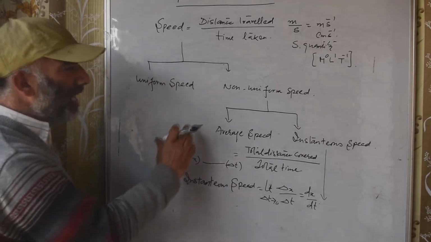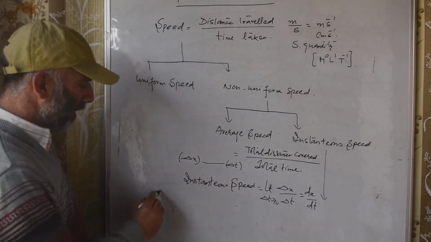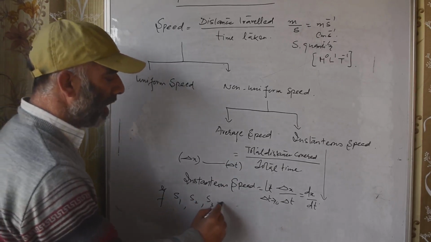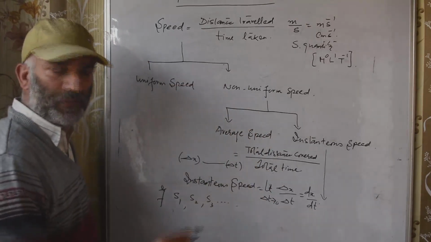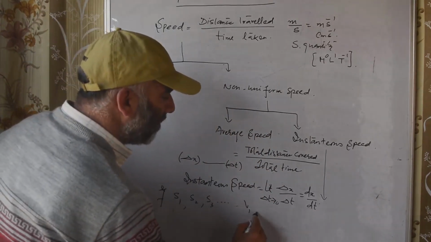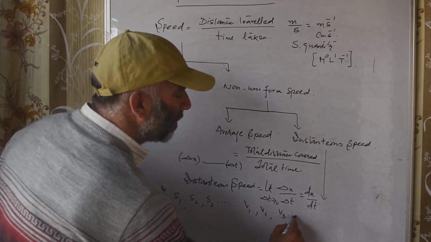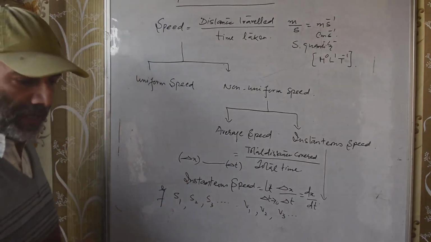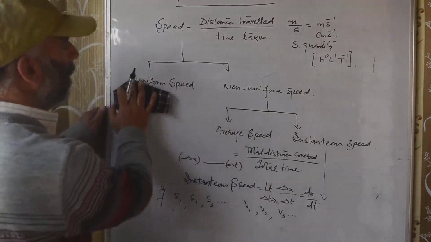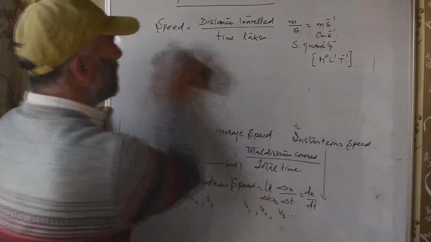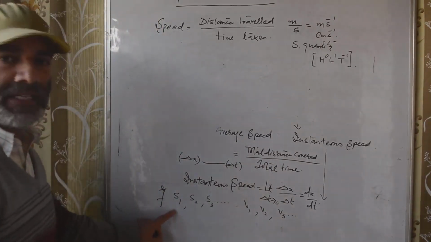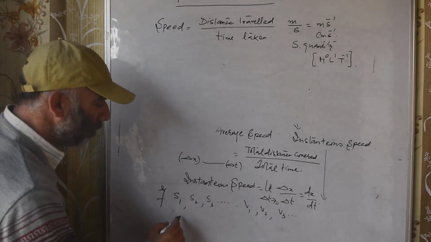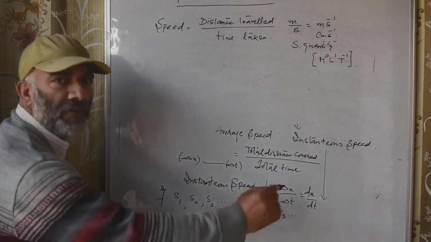So my students, let's talk about some special cases. If S1, S2, S3 are the distances covered by the bodies with velocities V1, V2, V3, how can we calculate the average speed? Average speed is total distance divided by total time, but here we don't know the time. Firstly, we want to calculate the times in these different intervals.